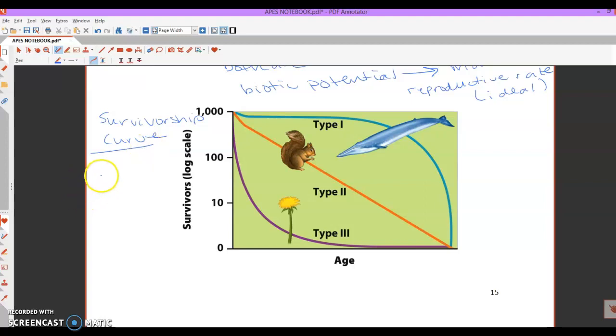It displays survival rates of a group of individuals of the same age in a population.